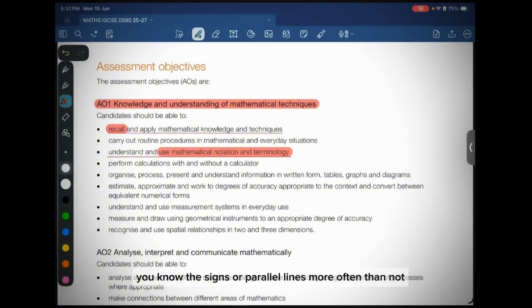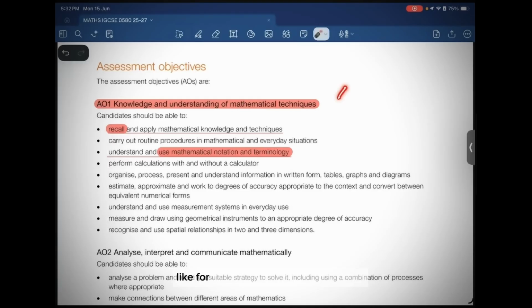More often than not, students find it difficult when it's perpendicular. When two lines are perpendicular, for example A is perpendicular to B, there's this inverted T sign in the middle, like this. Many a time I've had students struggle with this.